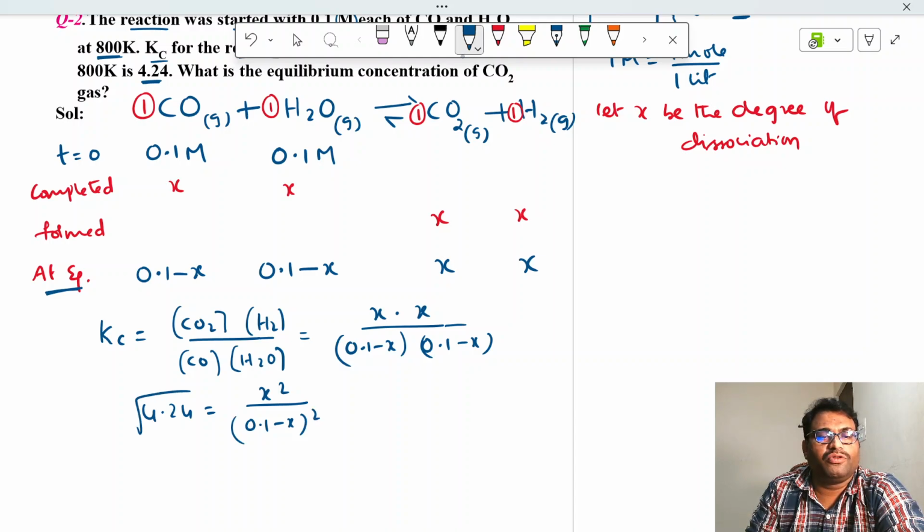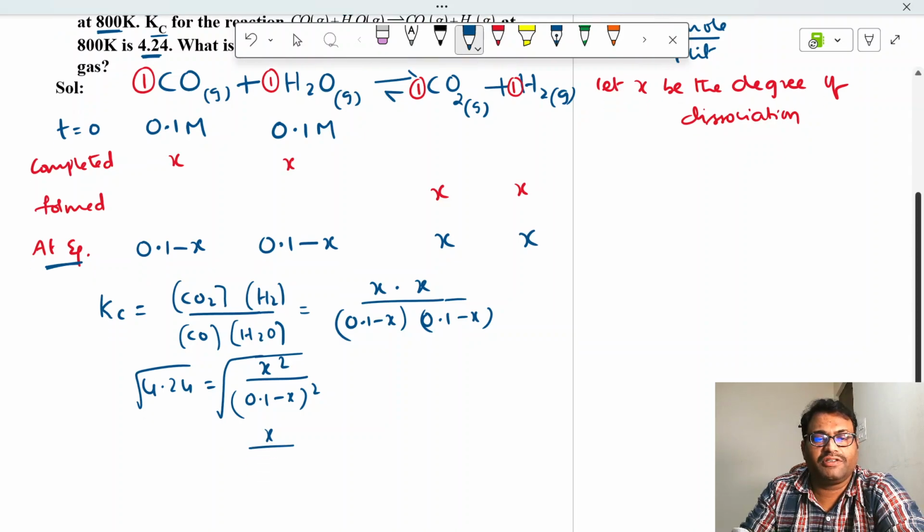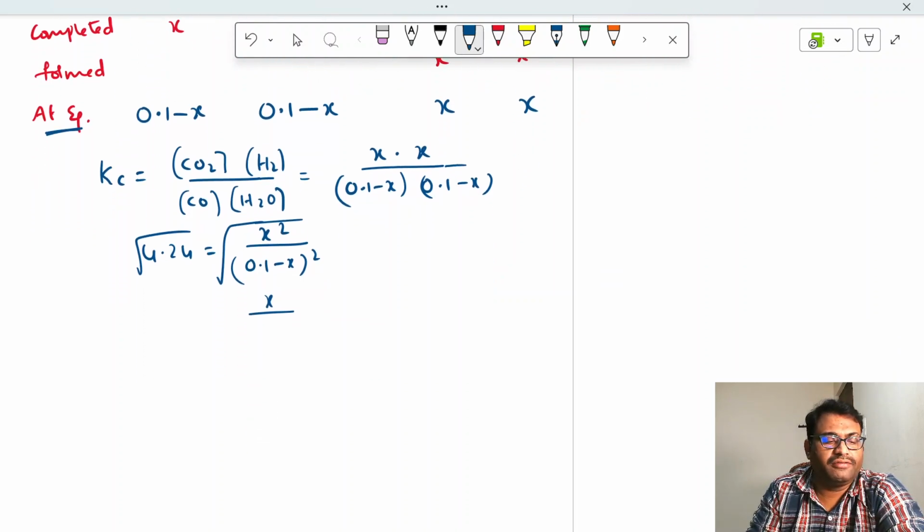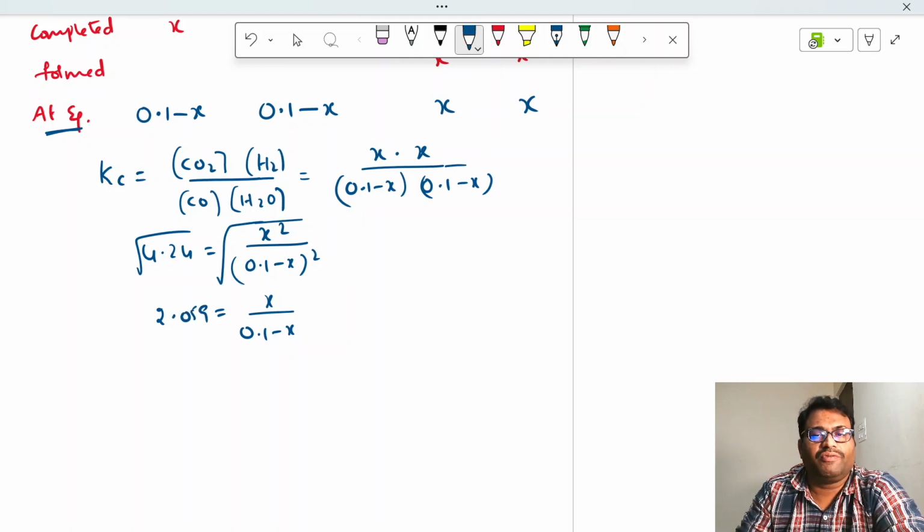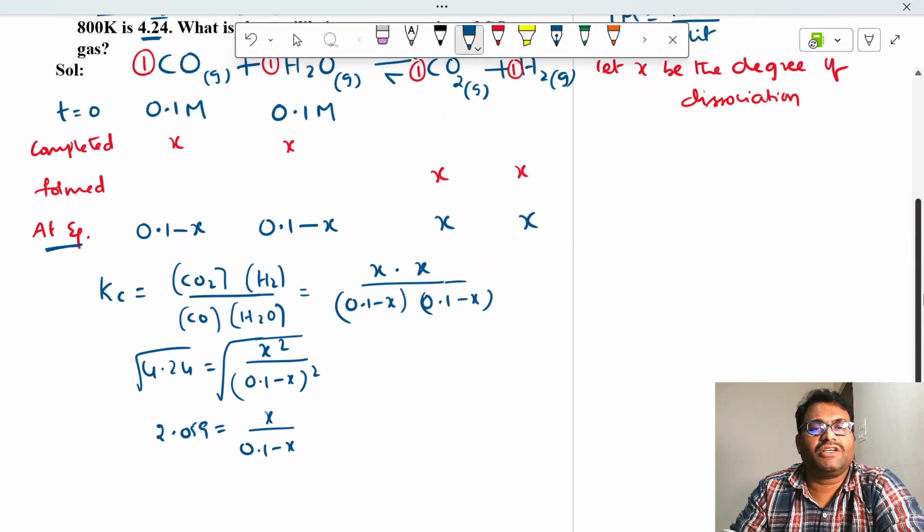So take the square root on both sides. Then what do you get? X by 0.1 minus X is equal to 2.059.